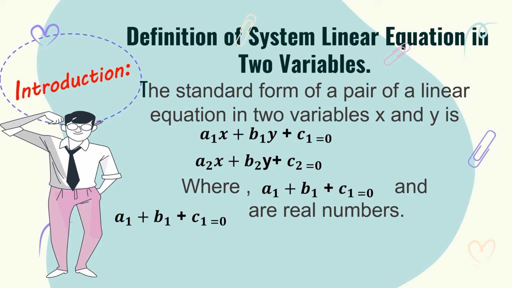The standard form of a linear equation in two variables x and y is a sub 1 x plus b sub 1 y plus c sub 1 equals 0, and a sub 2 x plus b sub 2 y plus c sub 2 equals 0, where the a's, b's, and c's are real numbers.